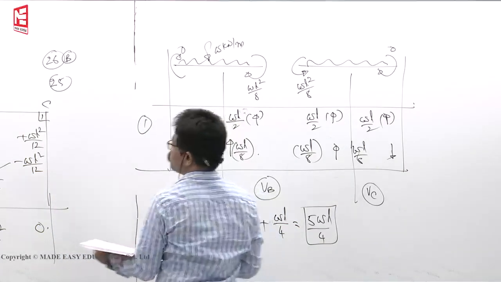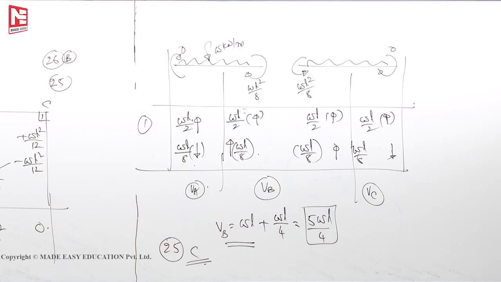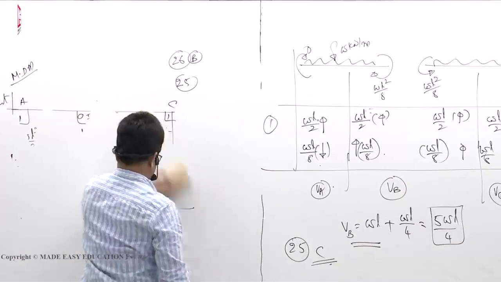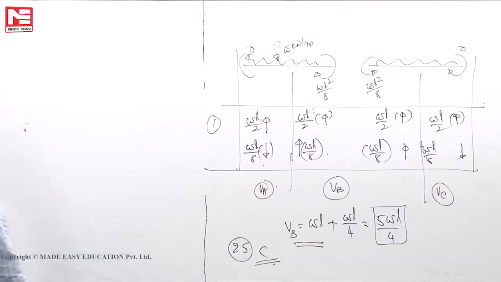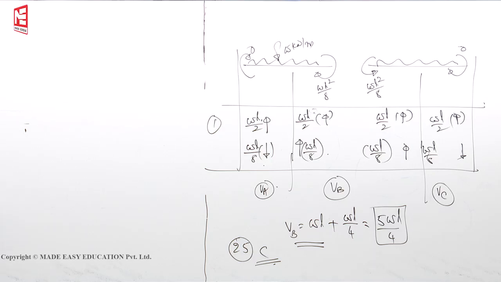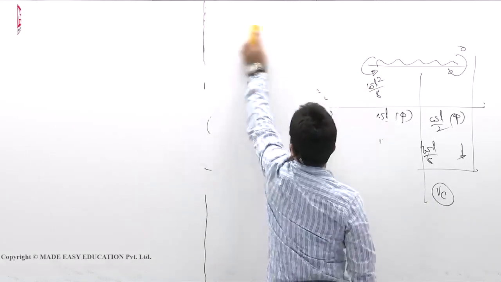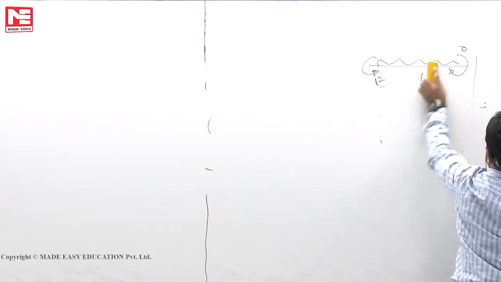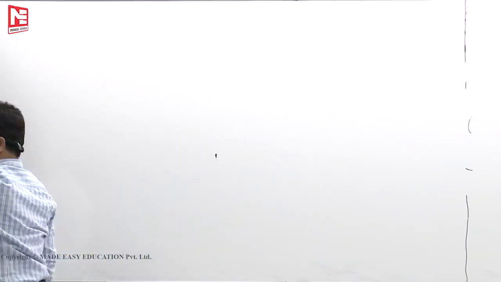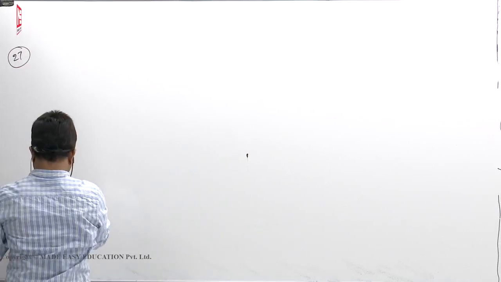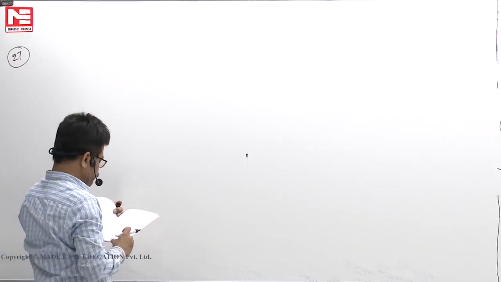Next, 27. All members of the rigid jointed frame shown in the figure are prismatic with the same EI.